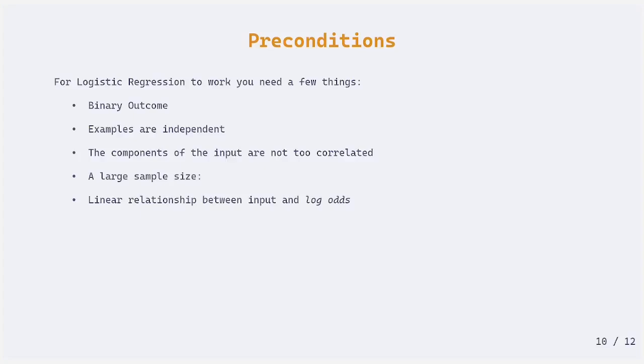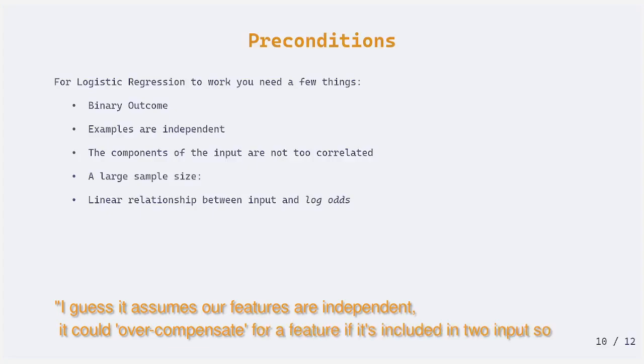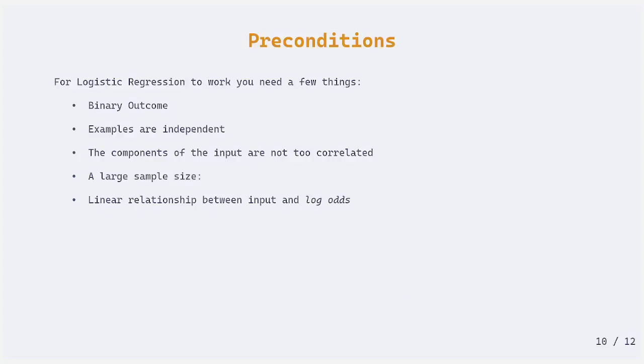I'm not exactly sure why this is. I couldn't really find anything about this online, but this is what it says in the slides. Thank you, Shay. If it assumes the features are independent, then it's going to overcompensate, because it's effectively counting one feature as two.